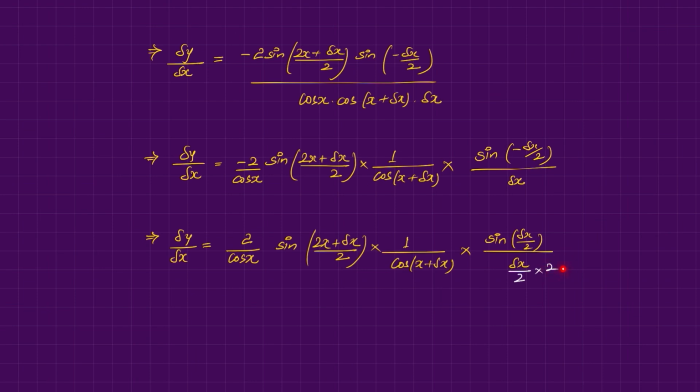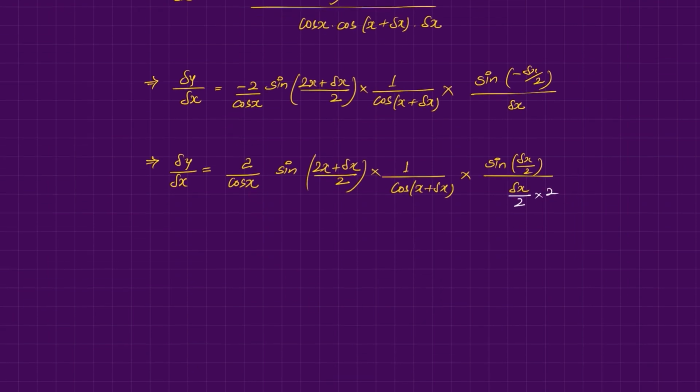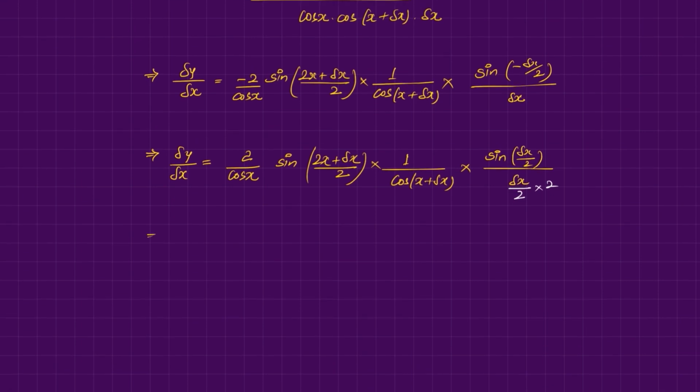I'll write this particular 2 here. Now let me put the limit delta x tends to 0. So we'll have limit delta x tends to 0 del y by del x equals to 2 by cos x. Let me write this particular 2 in front, it will be 2 only and 2.